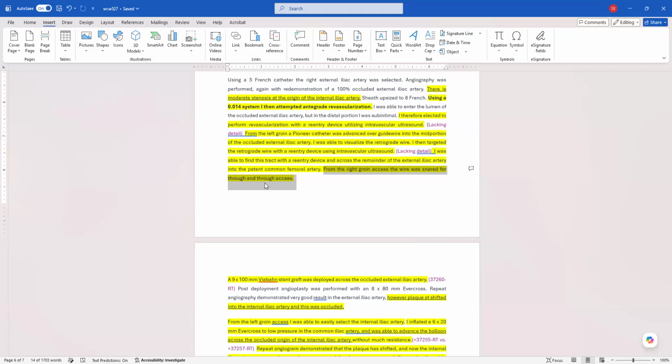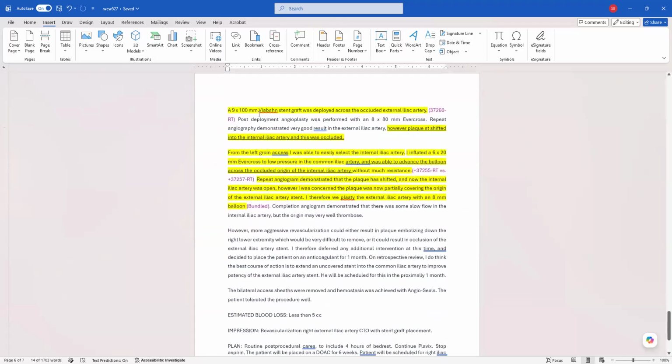But if they do imaging through one and attempt that procedure through that access, and then they get a second access and now they're using both and doing the through and through because they're both being used for the intervention, you wouldn't code for either one. So we don't end up getting any catheterization codes on this case, which I mentioned in the beginning.